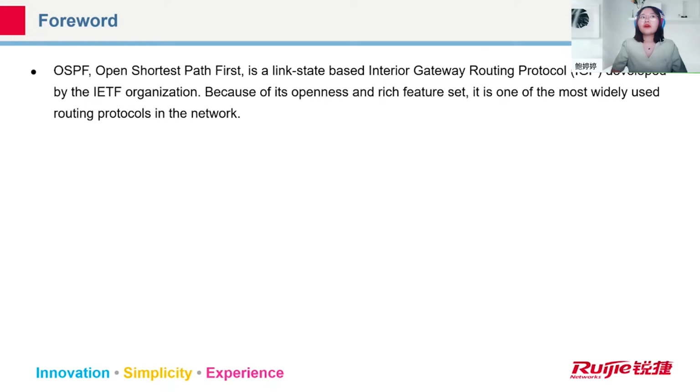So we also call OSPF an IGP protocol. This protocol is defined by an organization called the IETF, and we also have lots of other organizations in networking, like the IEEE, right? And why do we use OSPF in our network?